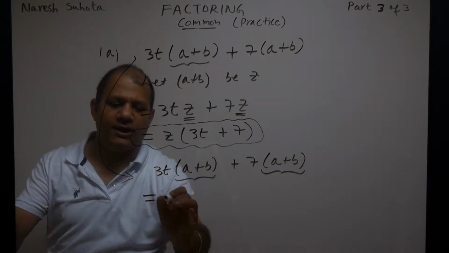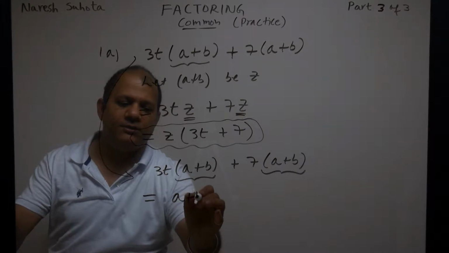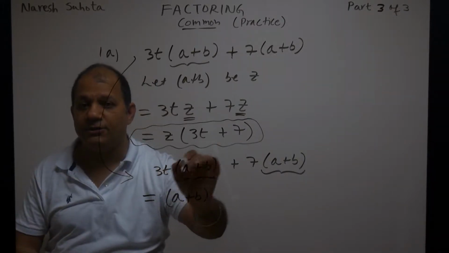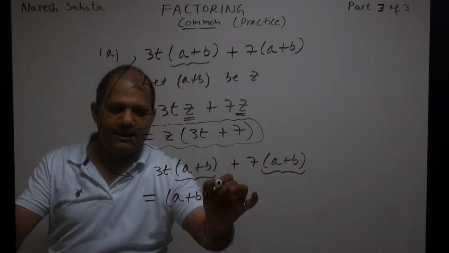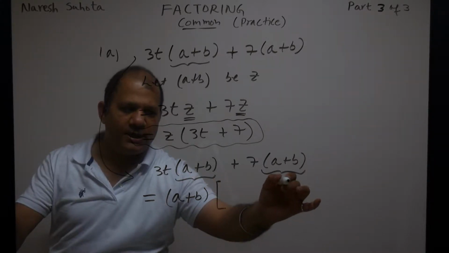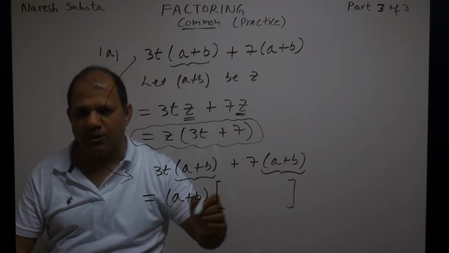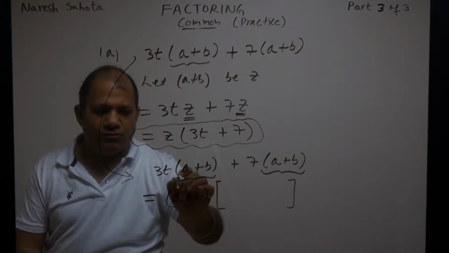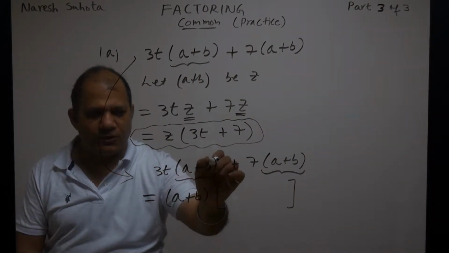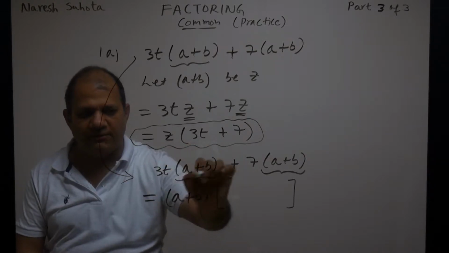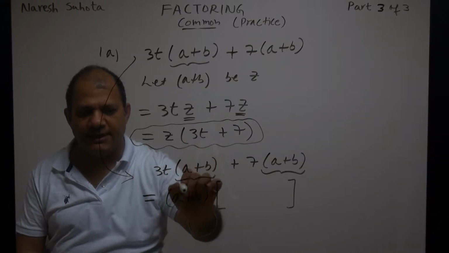So then we say, okay, we will take out the bracket, which is common to both terms. And then I can use square brackets, or some other forms of brackets, to write the remaining factors. So from the first term, I've pulled out a factor of a plus b.